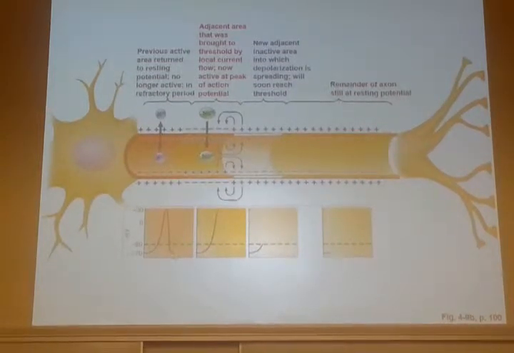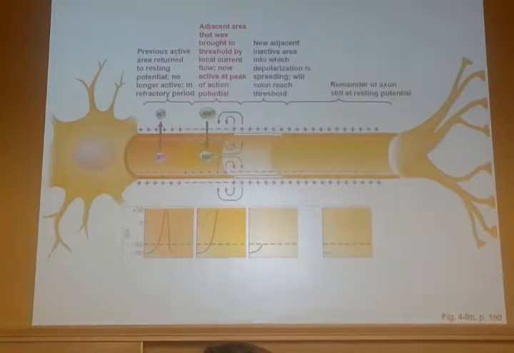This part of the neuron is going into its relative refractory period. So any sodium that comes in due to these channels opening is not going to be sufficient to get another action potential upstream. Remember, this is going to be below minus 70, it's going to be down around minus 80.